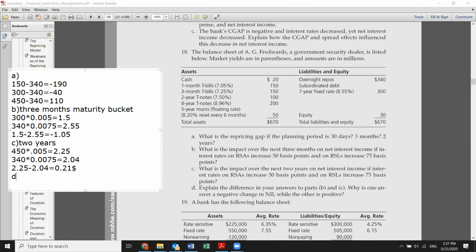And part D asks you, please explain the difference in your answers A, B, and C. Why in one answer is the change negative, while in the other it is positive? What is the explanation for this?